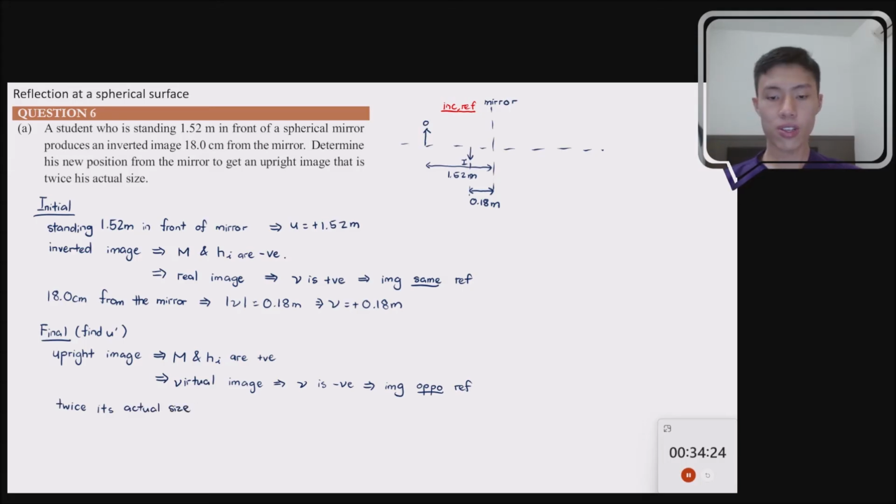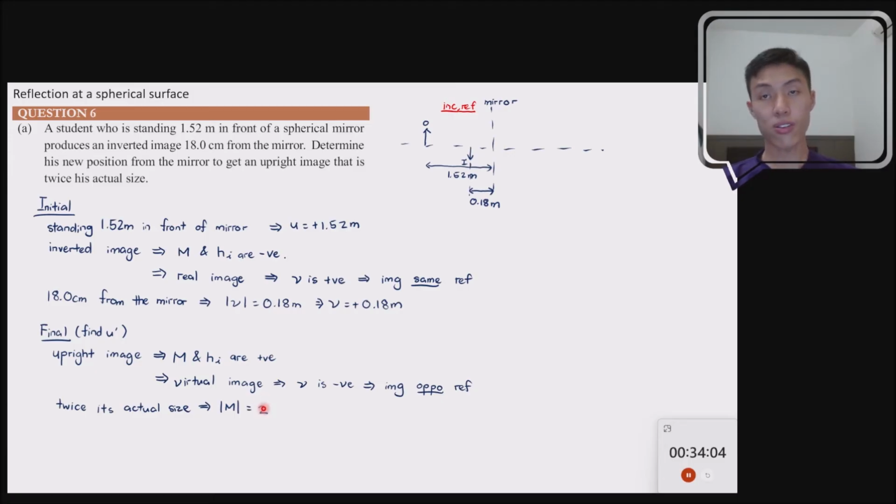If you read carefully, to get an upright image that is twice its actual size, so if the student has a certain height, twice its actual size means that the image is larger, magnified. So we can say that the magnification modulus M is equal to 2.